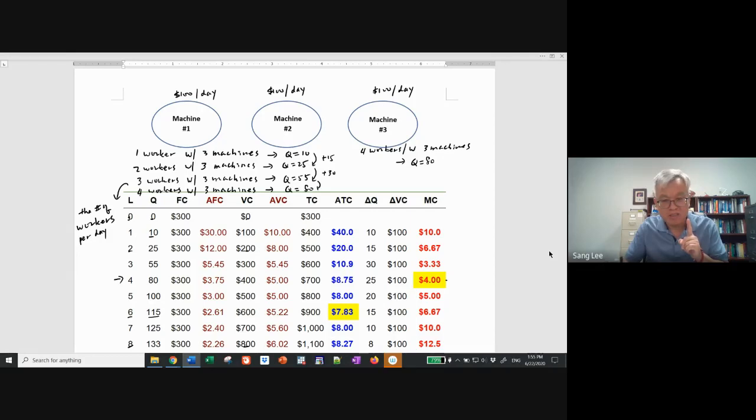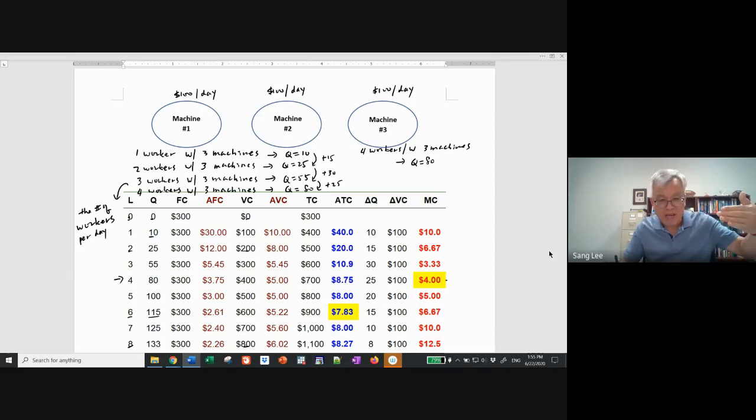The additional output you get from adding another worker, number 4 worker, is now what? Total output is still increasing from 55 to 80, but this time it increased only by 25.